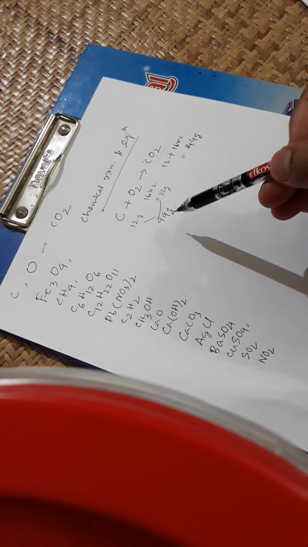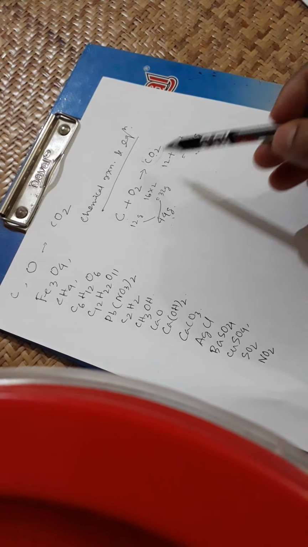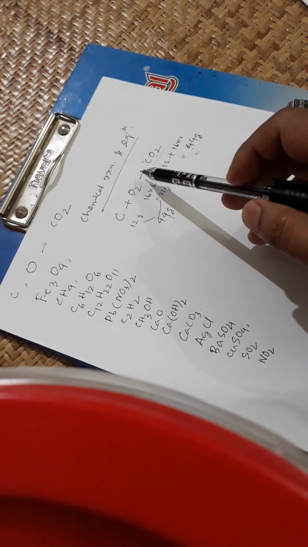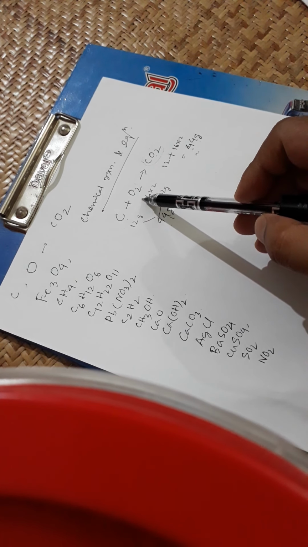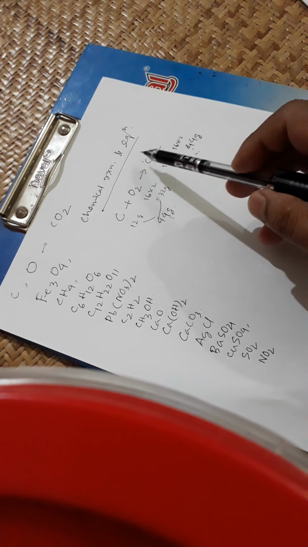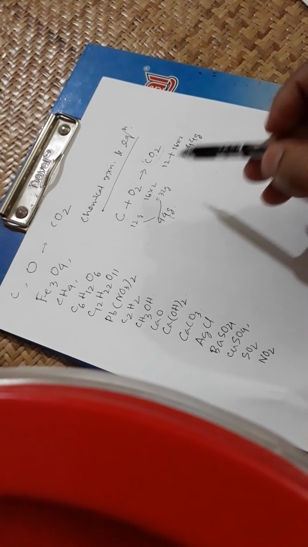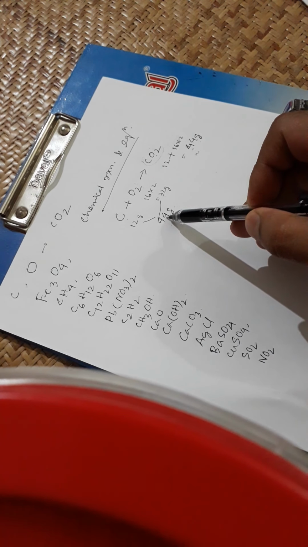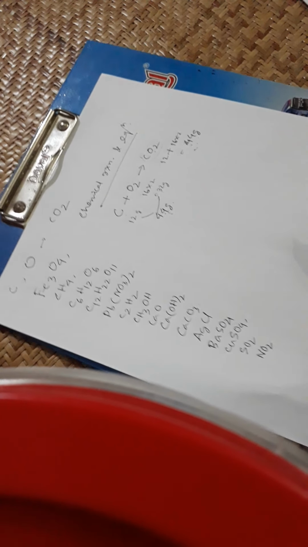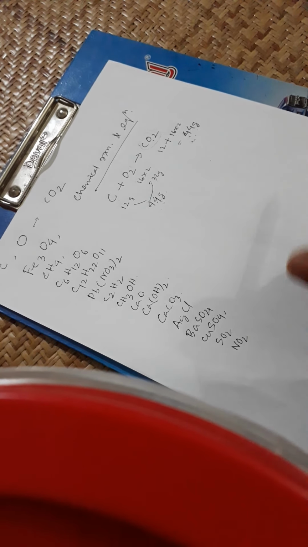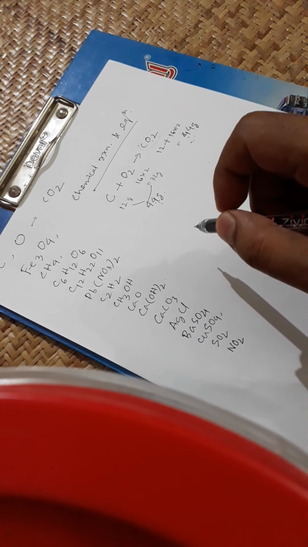So on both sides of the reaction, the total masses are the same. In any reaction, the left hand side is known as the reactant side, and the right hand side is known as the product side. So the total mass of reactants should be equal to the total mass of products. Now we have to balance this kind of chemical equation.